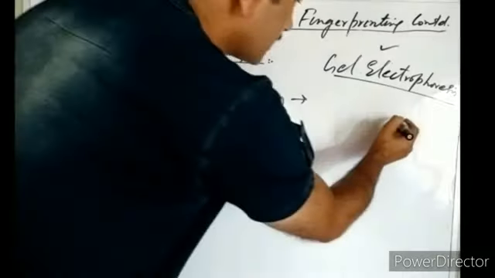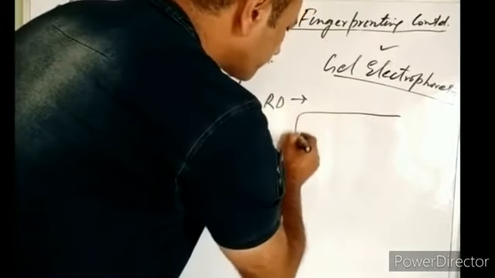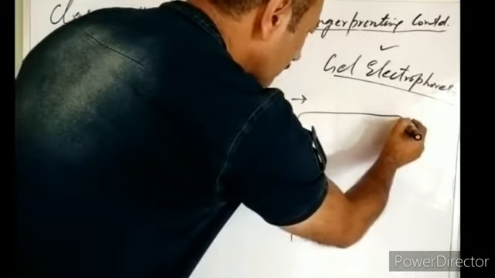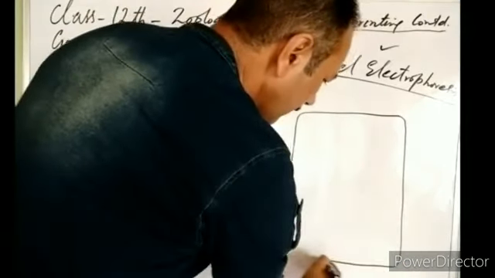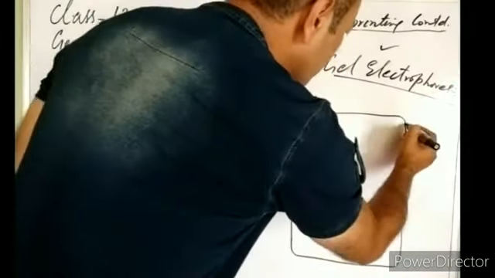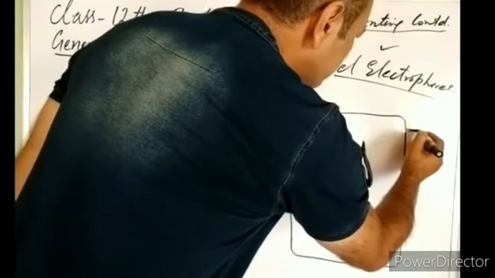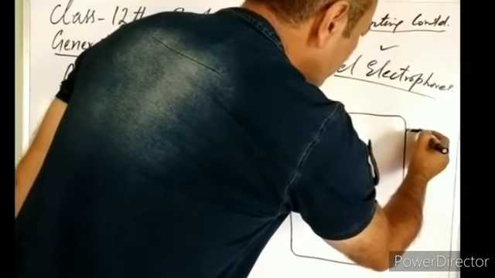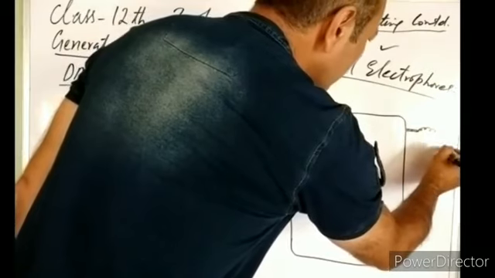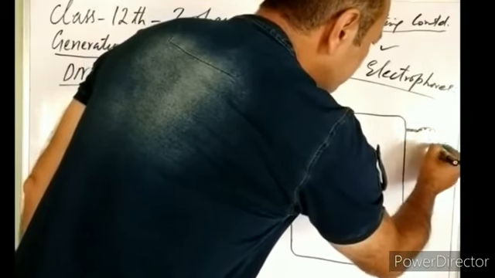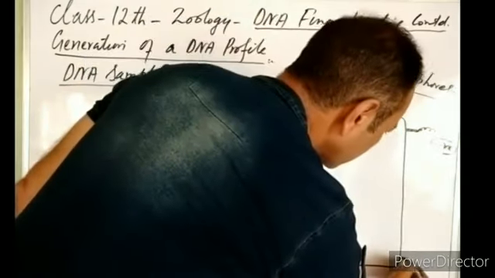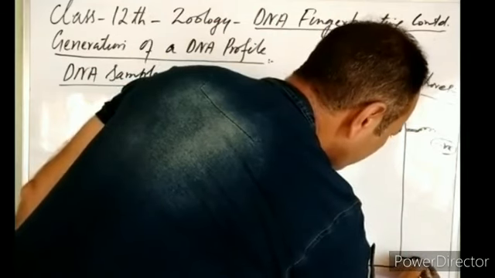For that purpose, they need an electrophoresis tray. This is an electrophoresis tray. This tray is fitted with two electrodes. This is one electrode, this is another electrode.